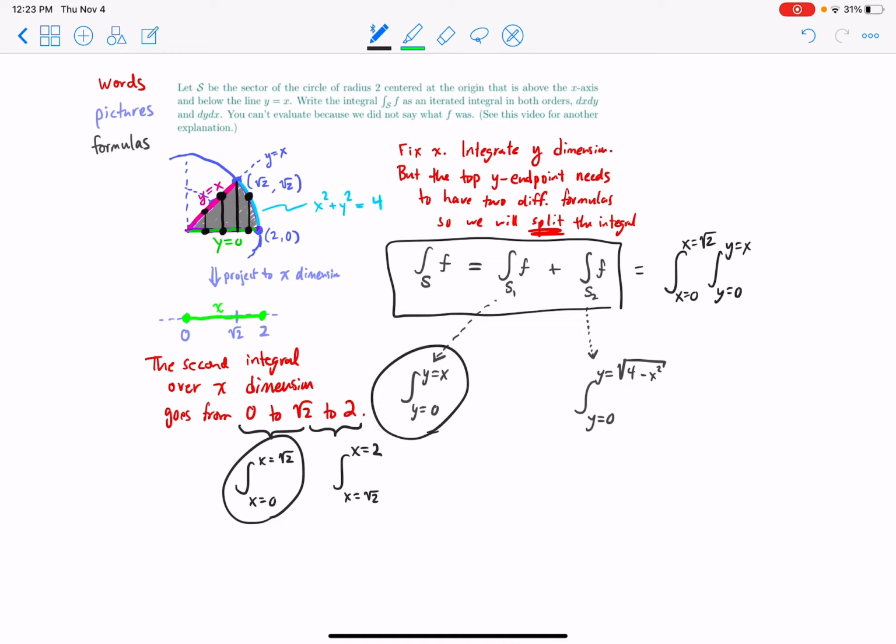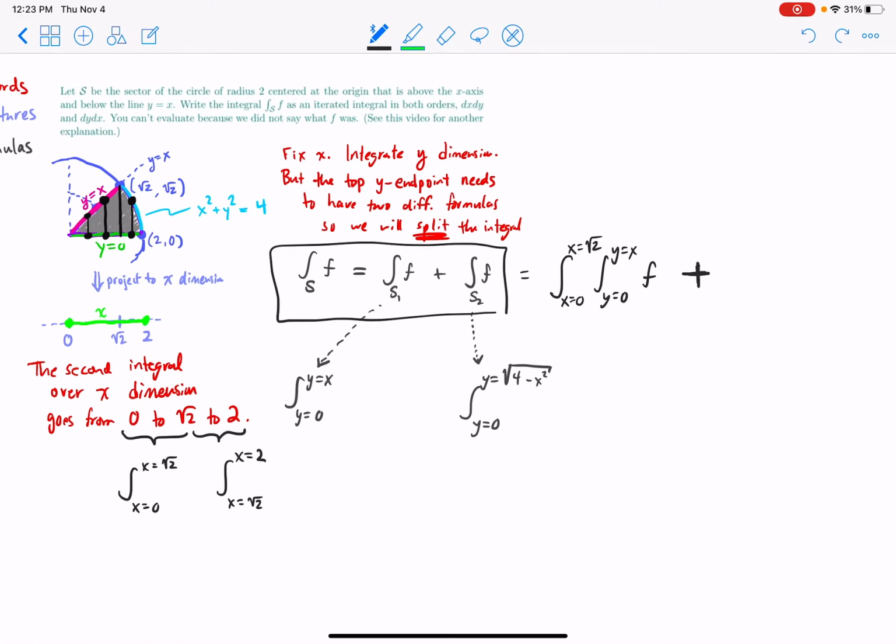That was the first piece that I called S1, namely this triangle here on that side. And we'll integrate f. Then we'll add the second piece. And the second piece integrates first y from 0 to y equals square root of 4 minus x squared, and then integrates x from root 2 to x equals 2.